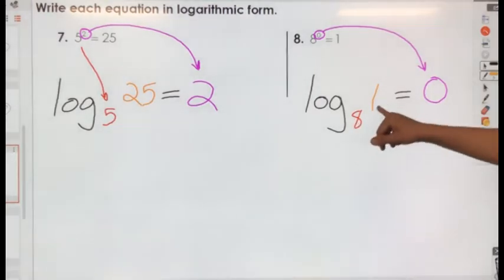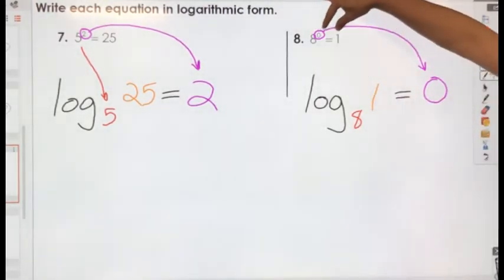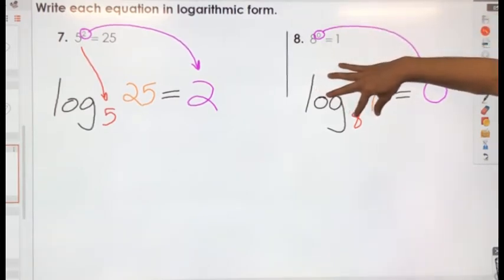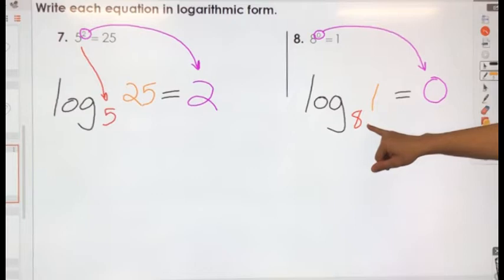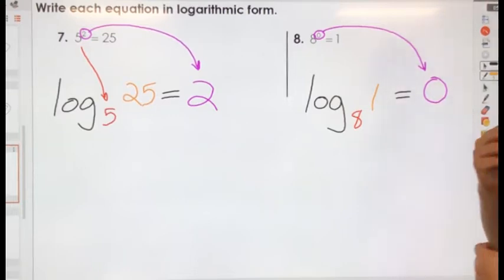Log base 8 of 1 equals 0. So we know any number raised to the power of 0 is 1. Likewise, for any log, how many times do you multiply 8 to get 1? 0 times. Multiplying 8 0 times just gives you a 1, because nothing's there. So the placeholder is 1.